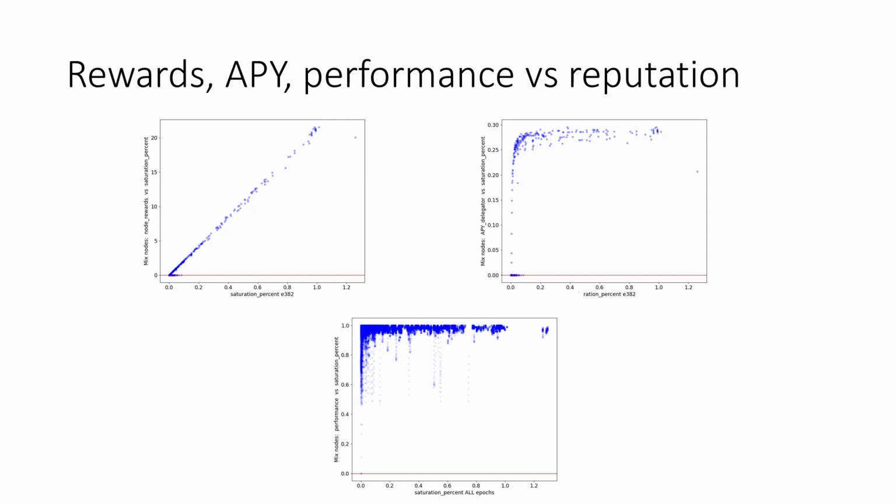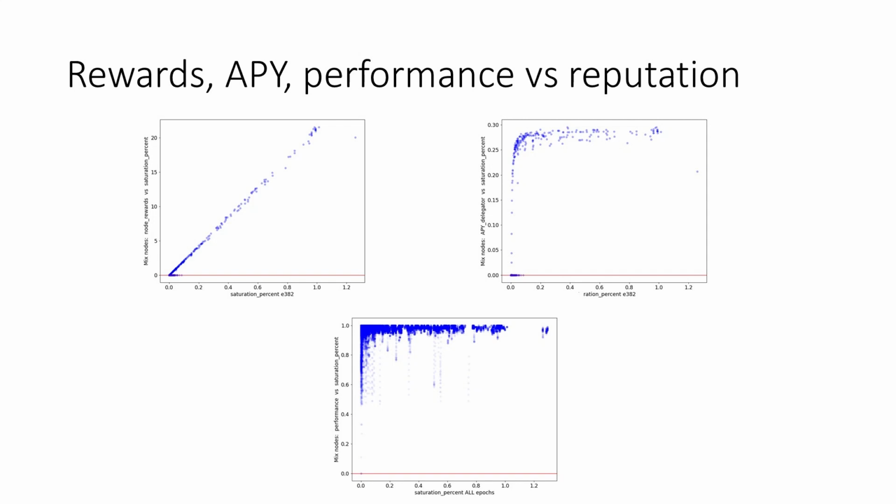And does this work? Is there any correlation between the reputation and the performance? So I aggregated here for the last 10 days, all the hours together. And what we can see is that the nodes that have more than 10% saturation roughly have performance between 90% and 100%.